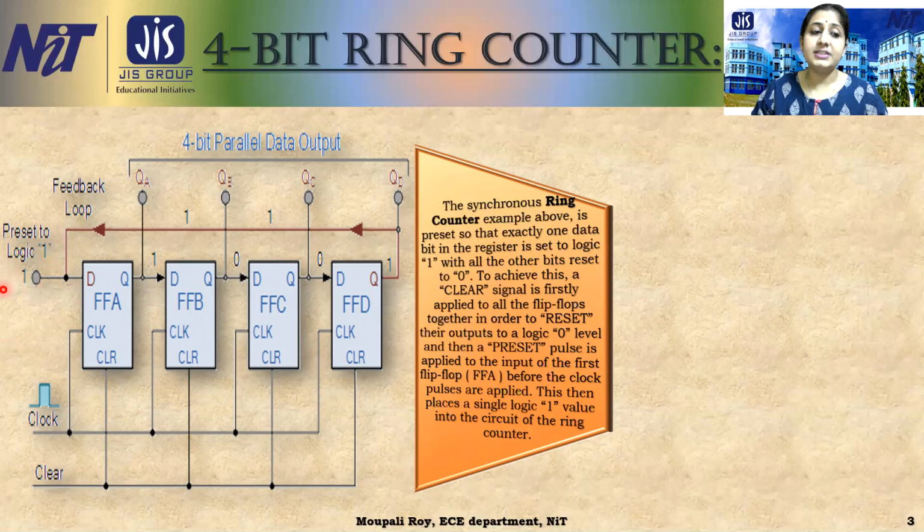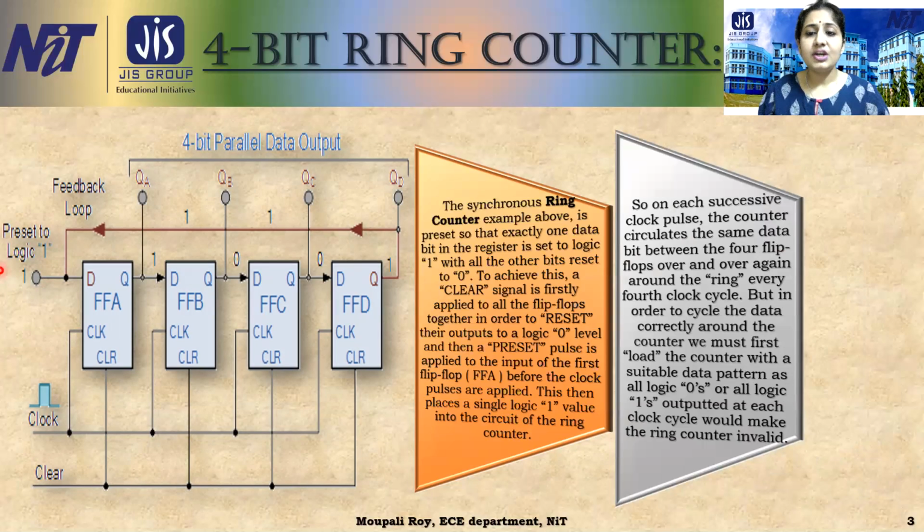This is placed as a single logic 1 value input to the circuit of this ring counter. So first, this is the input of the ring counter, that is logic 1 there. On each successive clock pulse, the counter circulates the same data between the 4 flip-flops over and over again around the ring, every 4th clock cycle.